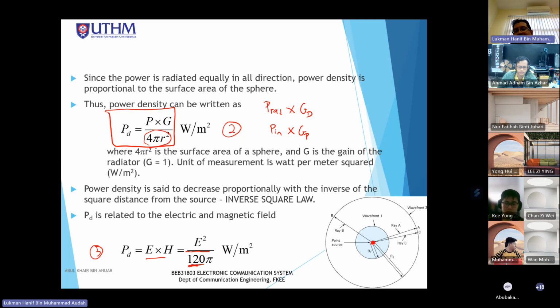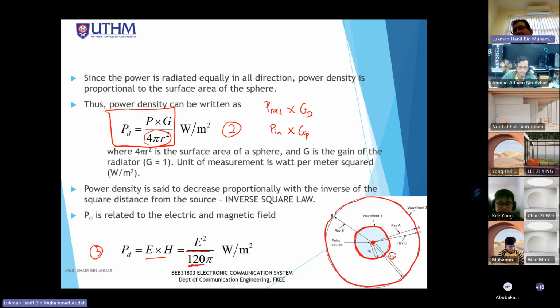You can measure the power density at distance R1, in this area. And if we move further away from the antenna, at distance R2, we can also measure the power density.